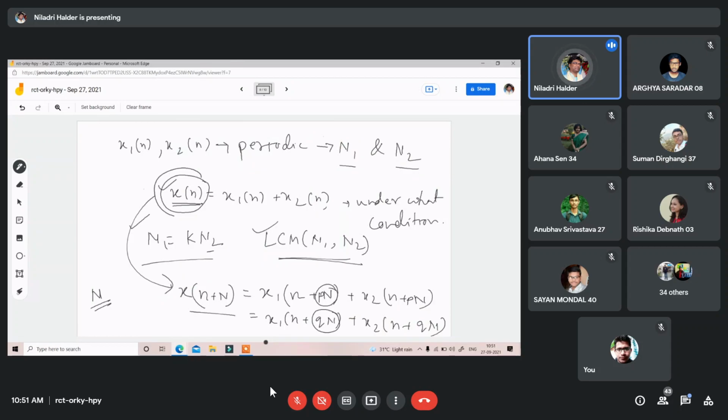Okay. The periodic condition is N1 by N2 rational. Now, from here, what should be the period? The period will be based on whatever value of the N1 and N2 ratio you are getting here. From that ratio, you have to calculate the LCM, the minimum LCM.